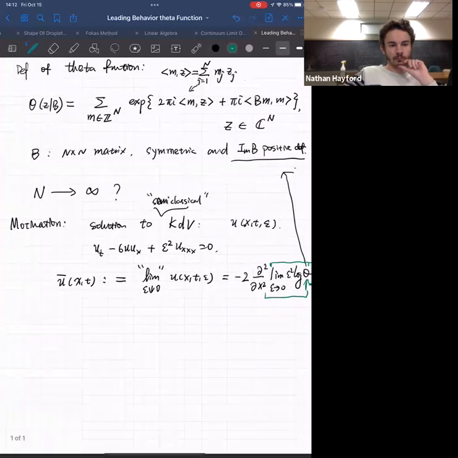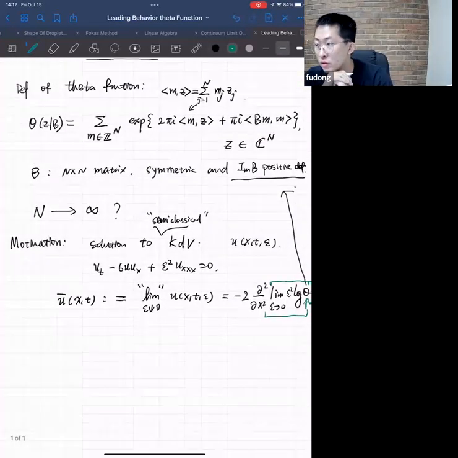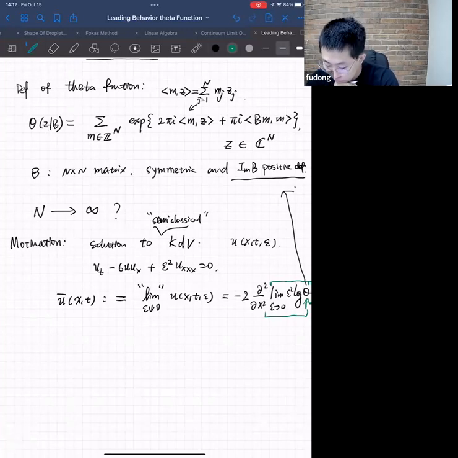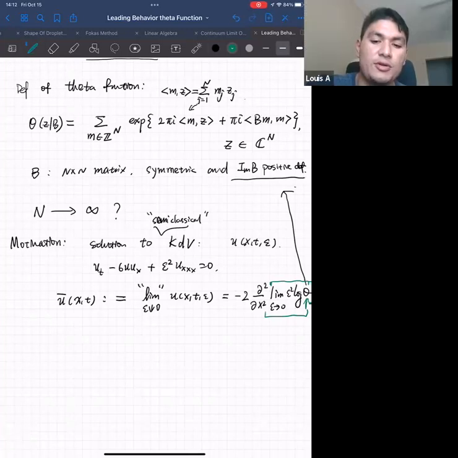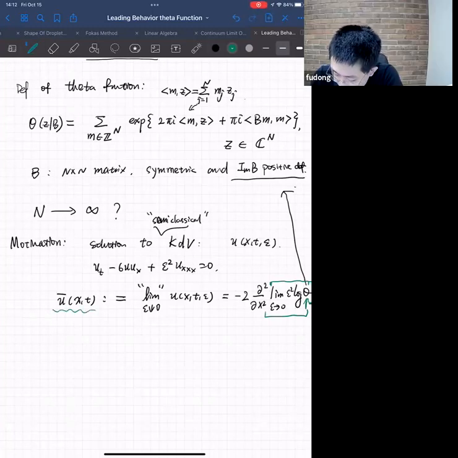Sorry, Fedong, I also have a question. Is u bar a solution to this equation you wrote above, or to the transport equation? u bar is the semiclassical limit of the solution to this equation. That's what's so magic.